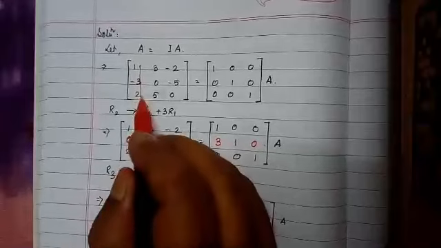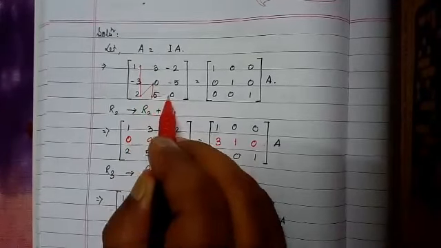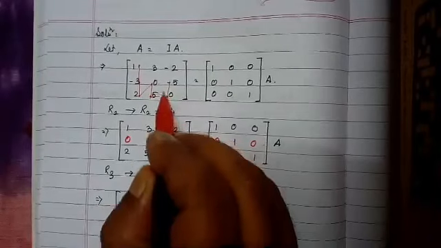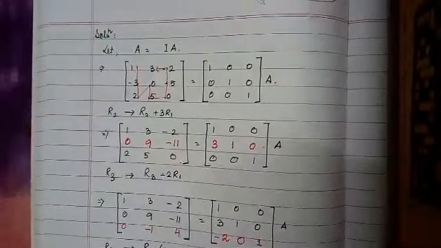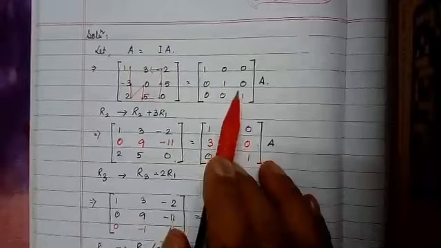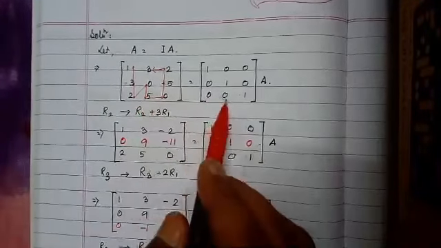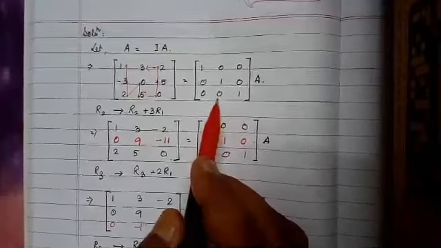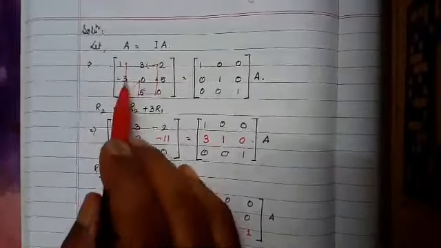First this, then this element, then this element, then the next, and so on. It is the pattern we have to keep in mind, and the same operations we have to apply for this one also. By this, gradually this will change to the identity matrix and this will change to another matrix which will be A inverse.